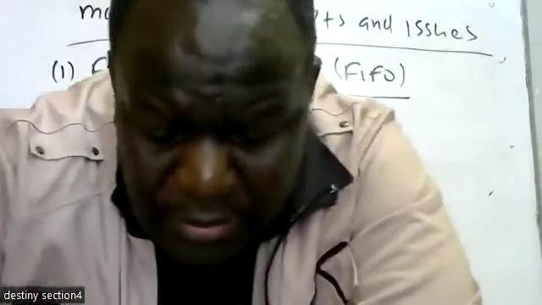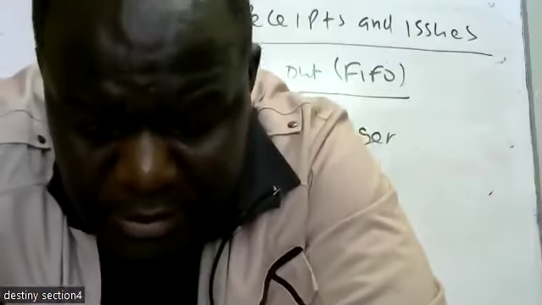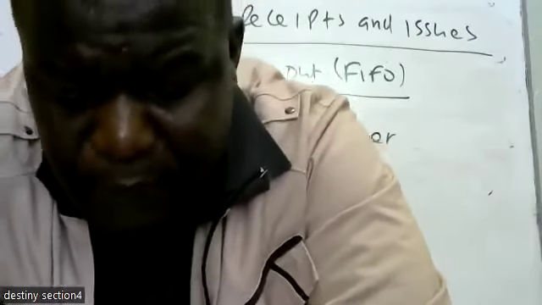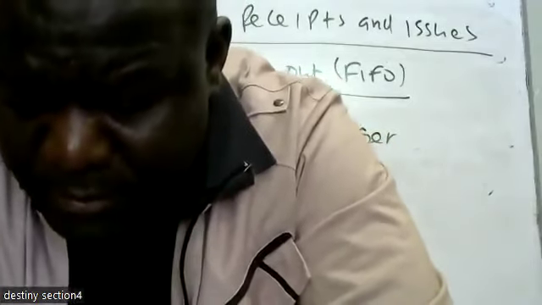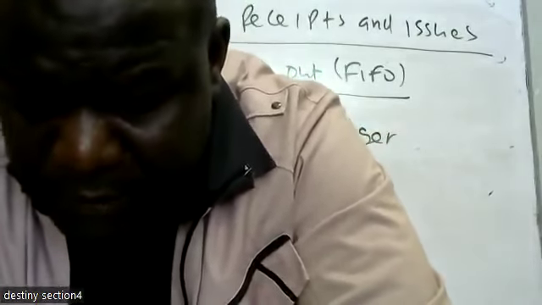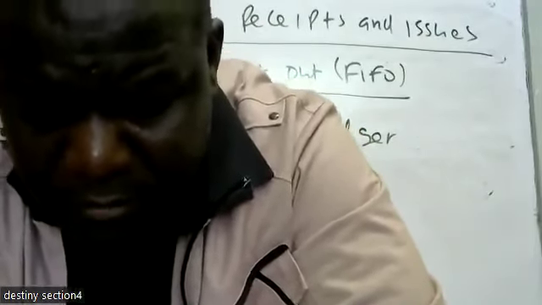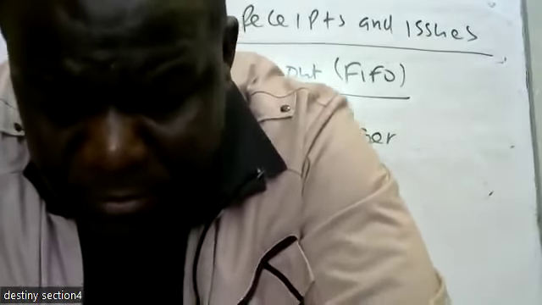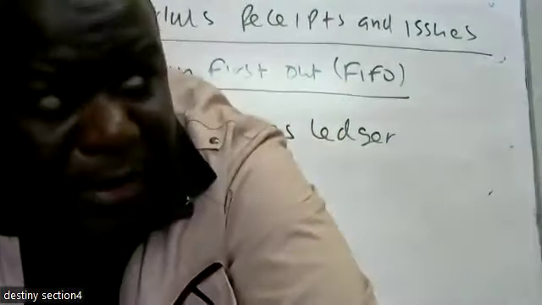Now required, Roman letter 1, the store's ledger account for the month of January 2020 using the first in, first out method of inventory valuation. Then Roman letter 2, we also want you to get the value of the closing stock.